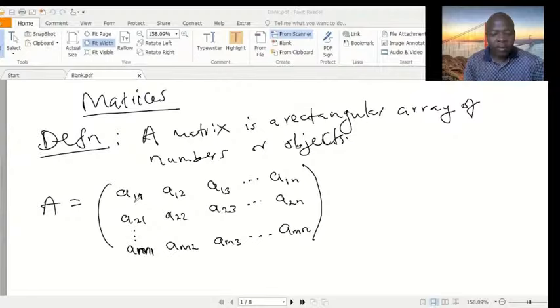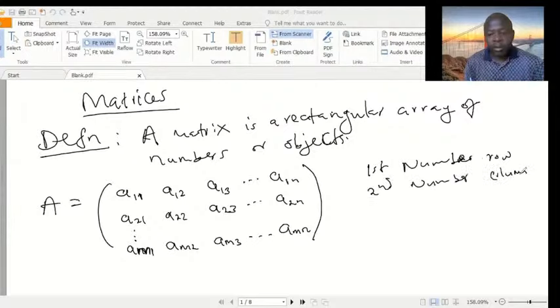So the first number represents the number of the row, and the second number represents the column. The rows are the horizontal ones, and the columns are the vertical ones.